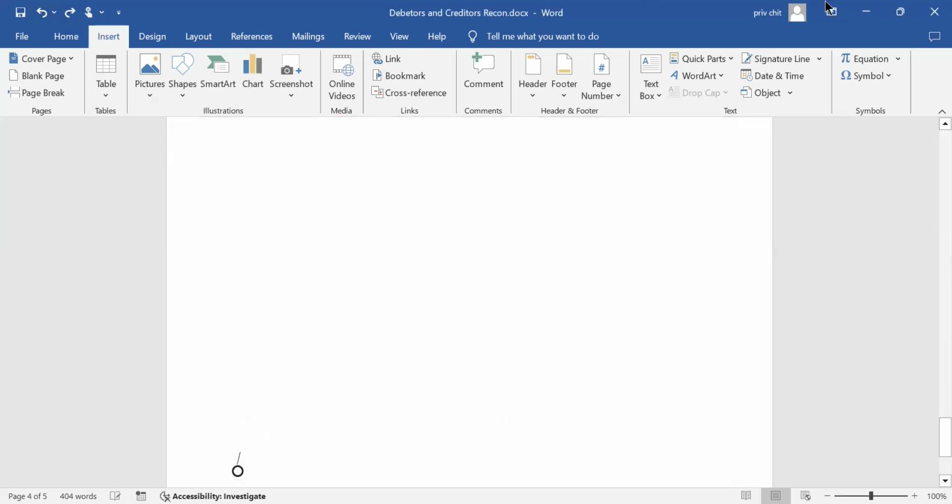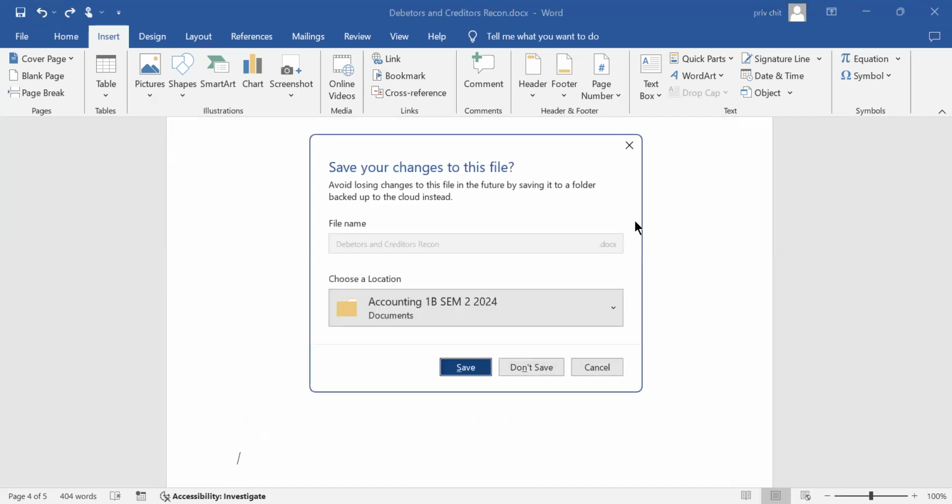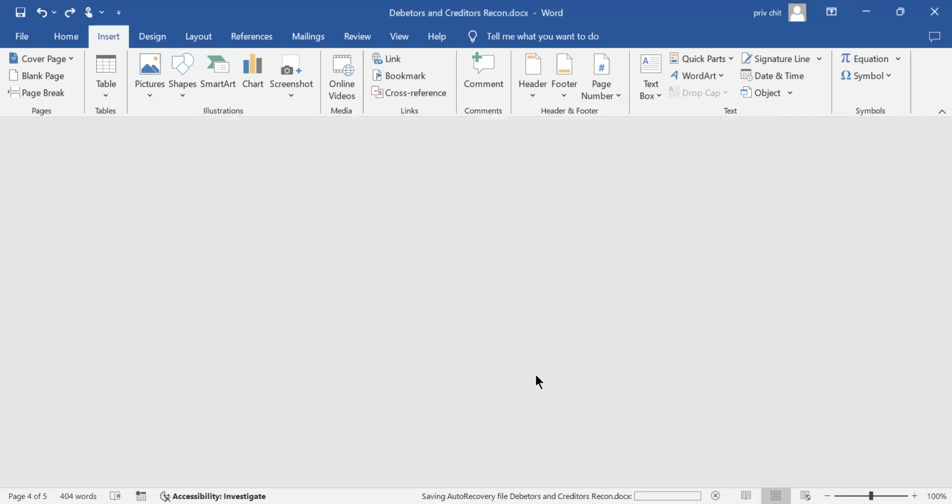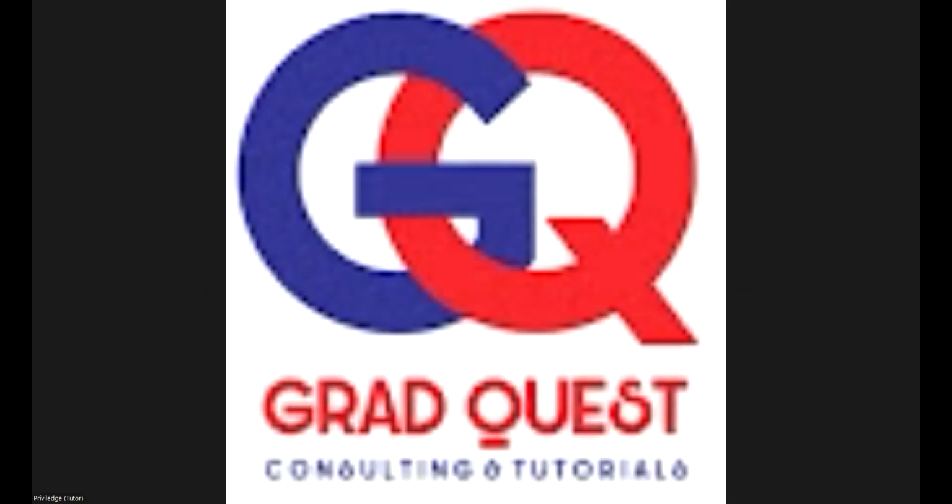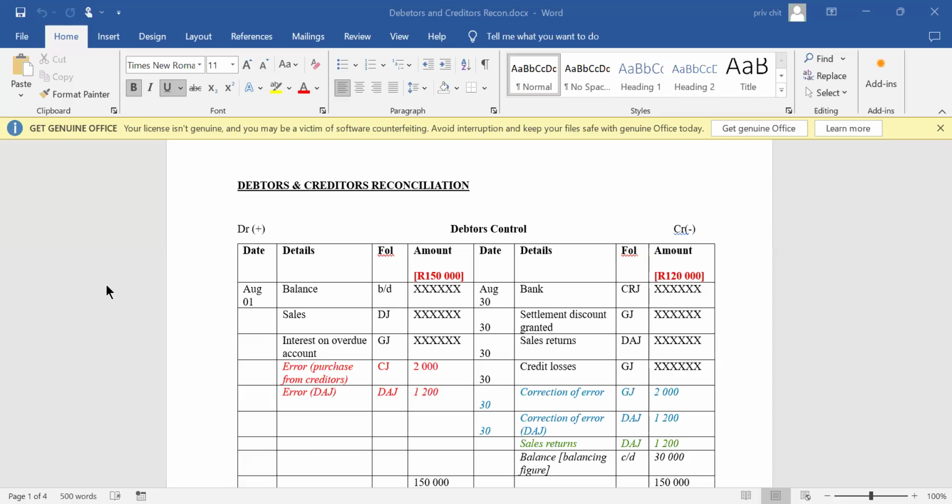No. Okay, let me just close this document, guys, and reopen it again, because there's information that it had taken out that I don't want to lose. So let me reopen the document. Okay, perfect. So now everything is resolved.